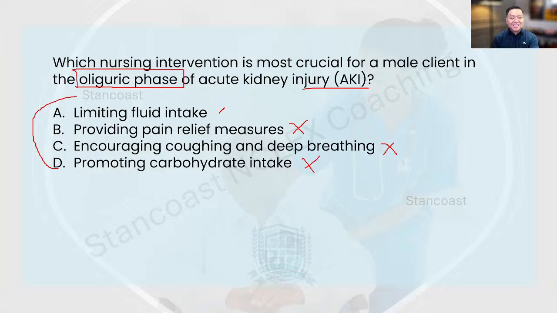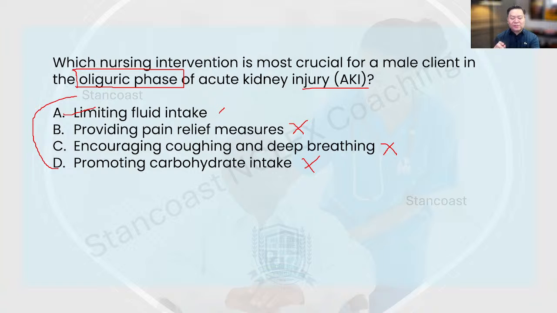So again, our test-taking strategy here is to make sure we understand the context of the question. We have to recognize the specific phase of the acute renal failure, which is the oliguric, and we want to make sure that we are providing interventions that will target the manifestations in the oliguric phase, not the diuretic phase, not the recovery phase. Okay?